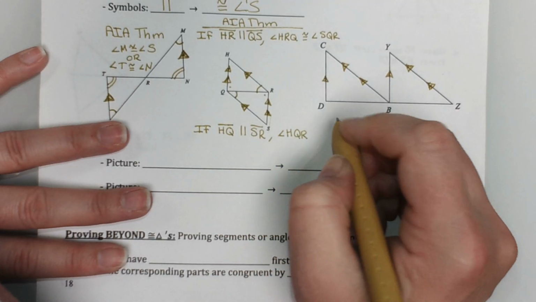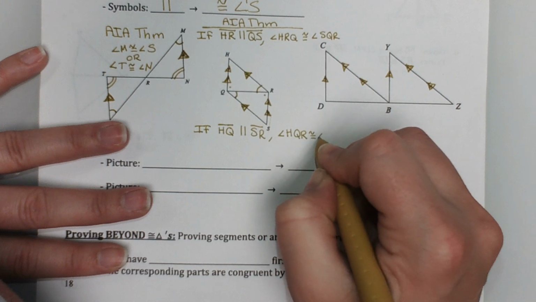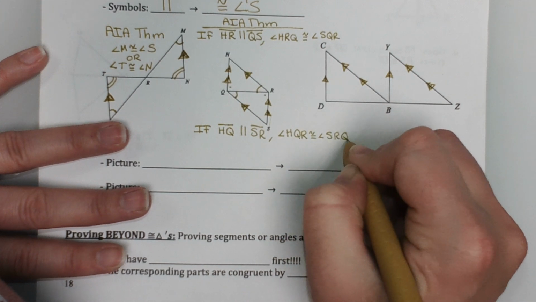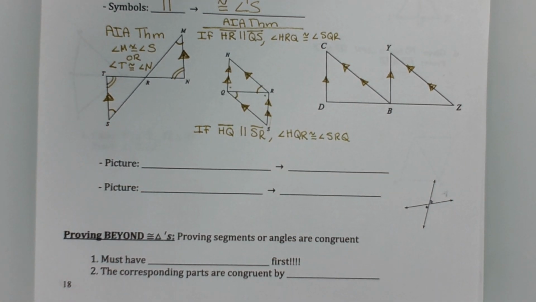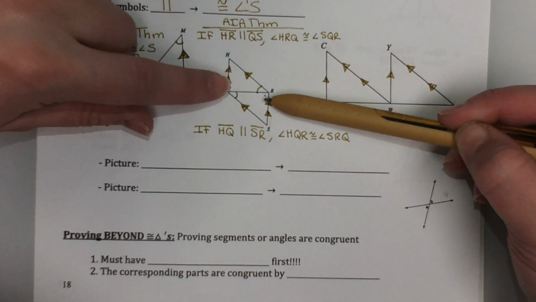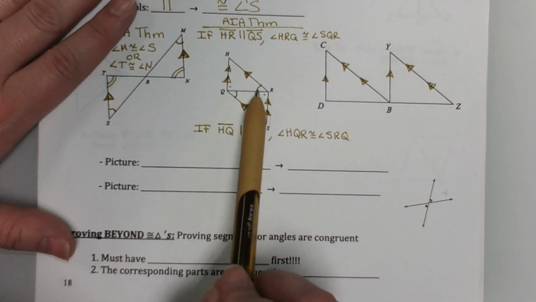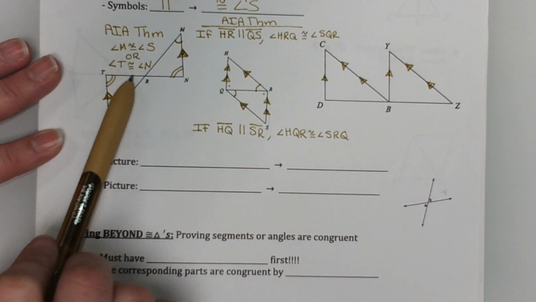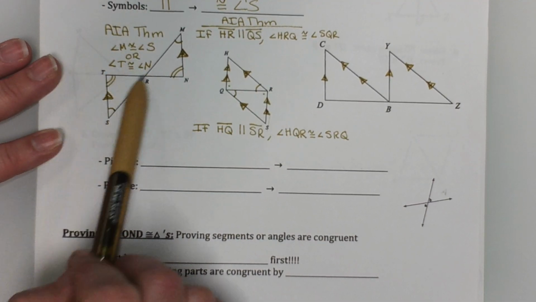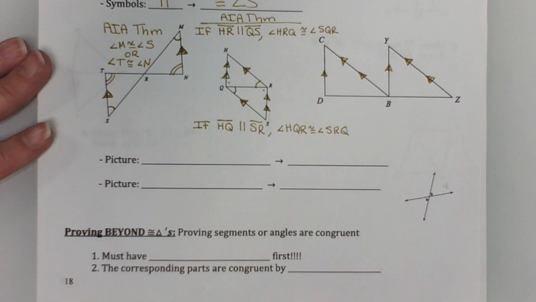Angle HQR would have been congruent to angle SRQ. So you gotta be careful on which ones you see there. If it is easier to only look at one, I'm not gonna even mark these angles on this one, just so you can only see the one pair of angles on this one. Like this one gives you technically both, so that one I'm not worried about. This one is picky, one or the other.